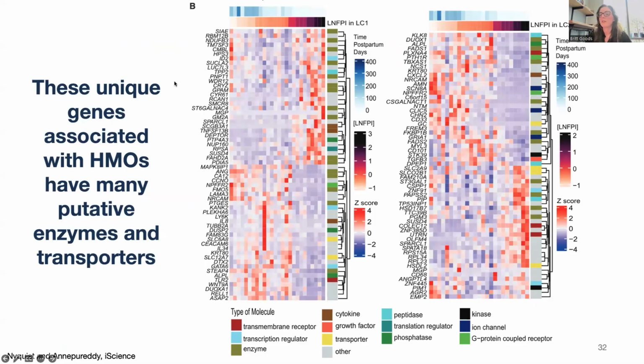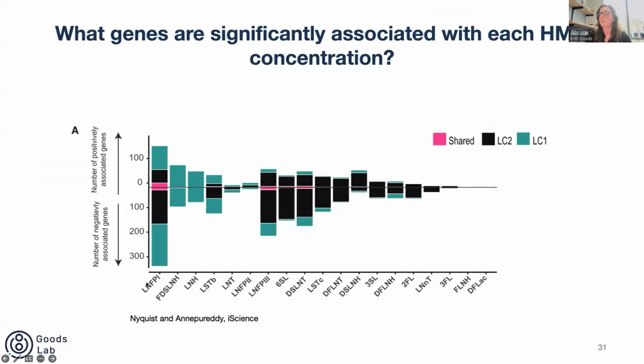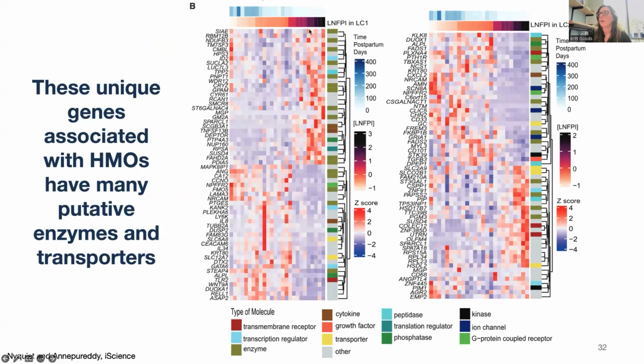We took the genes that were associated positively or negatively with this HMO and then clustered the top associated genes. This is in our LC1 and this is in our LC2. The top track is time postpartum, and this track right here is the concentration of this HMO. Then you can see the gene rows that have been clustered and annotated by the type of molecule.